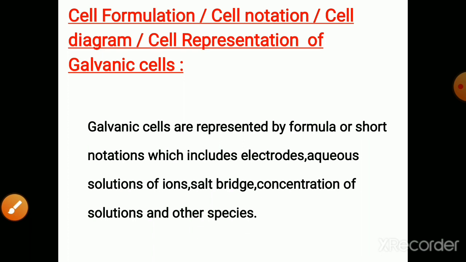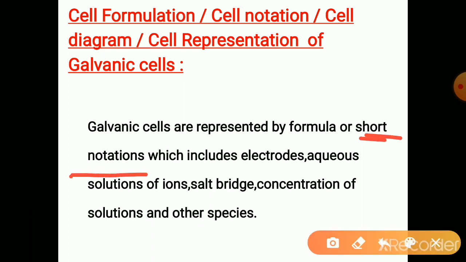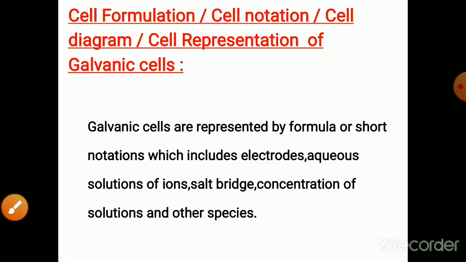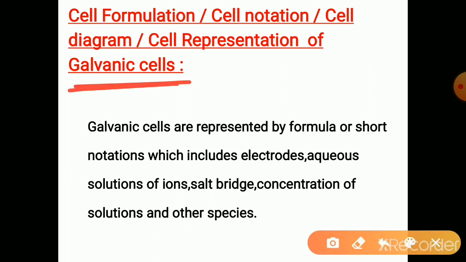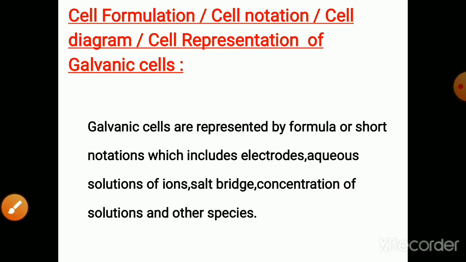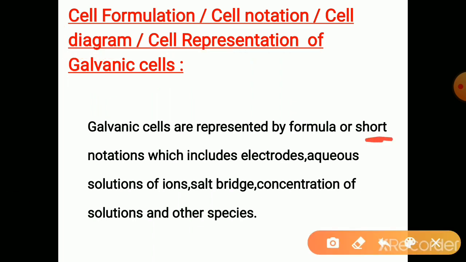This shorthand representation of a galvanic cell is called cell formulation, cell notation, cell diagram, or cell representation. The cell is represented by shorthand notations.